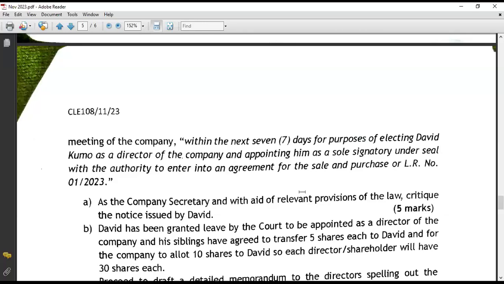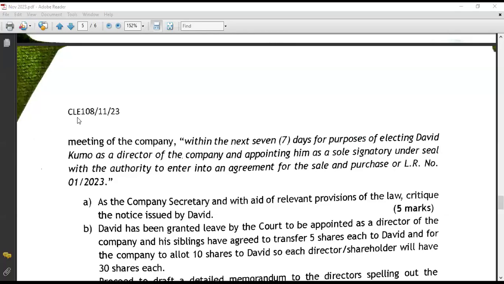Now we go to the notice. Kate, what do you think? Sorry, so that I follow. You said the first one is that a director who has been adjudged bankrupt cannot continue in the role of directorship.